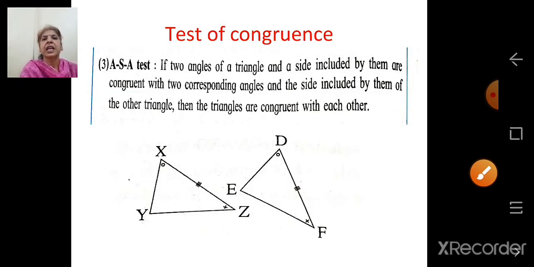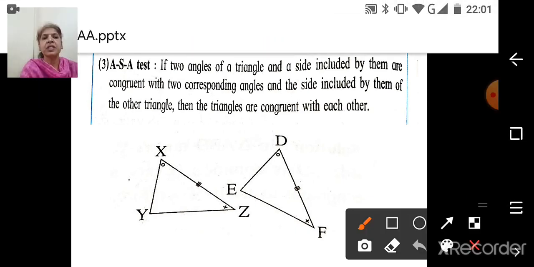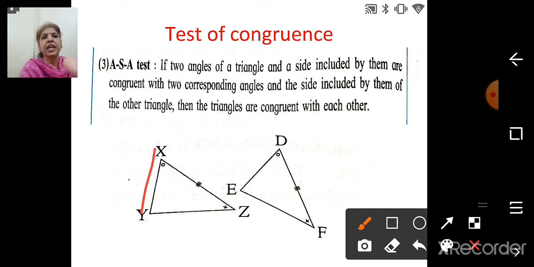Next is ASA test. A stands for angle, S for side, A for angle. It means the side between the two angles, that we call the included side. So you can see the given triangles, triangle XYZ and triangle DEF.